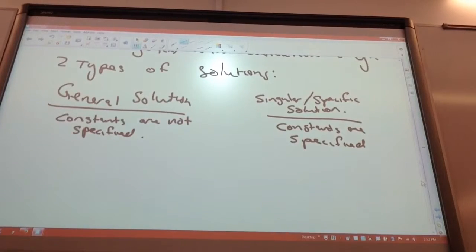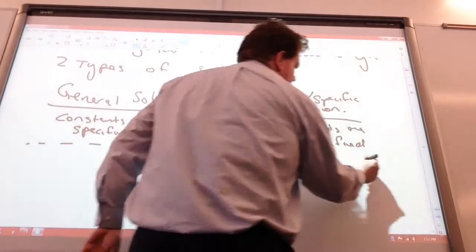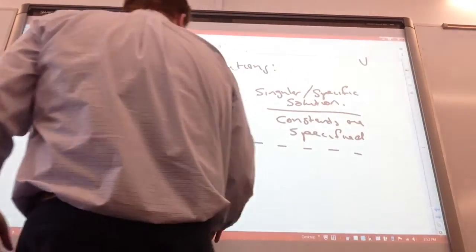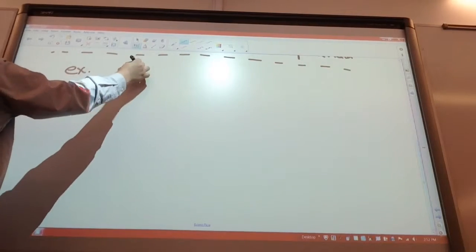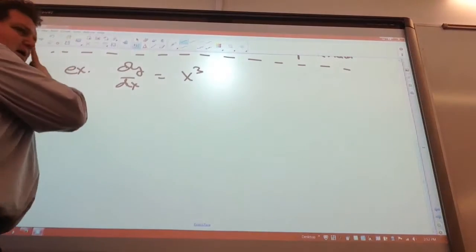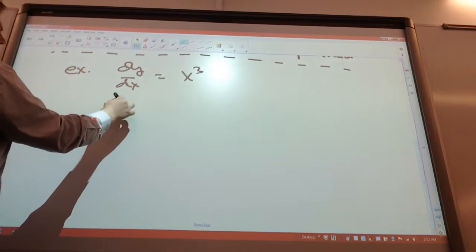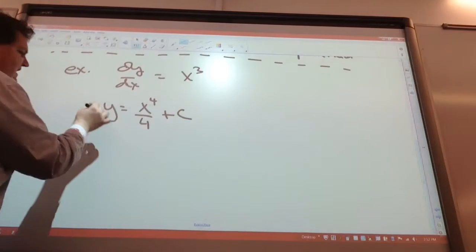So an example of what I mean by that, I'll just write it over here. Let's say dy by dx is equal to x cubed. Then y equals x to the fourth over 4 plus c.